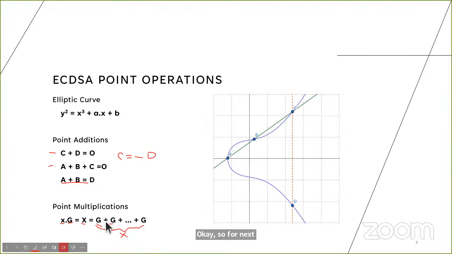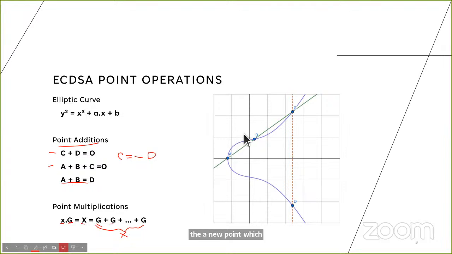If we add G to itself X times, using the point addition that we introduced previously, we can find a new point, which is big X.